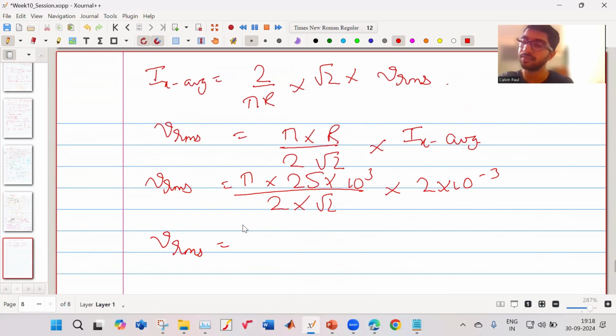Can anyone calculate and tell me? It is 55.5 volts. Okay.